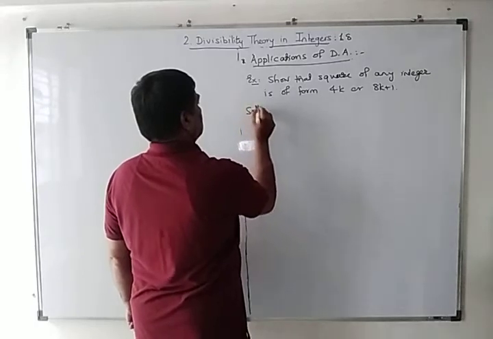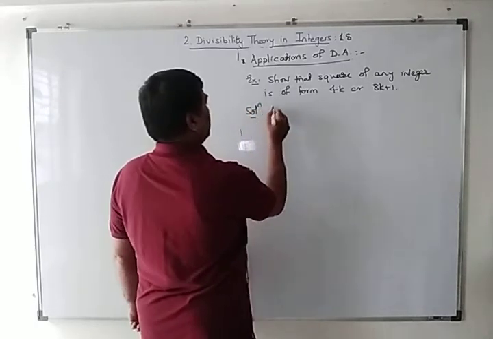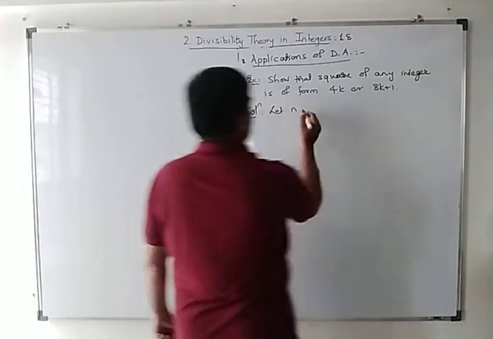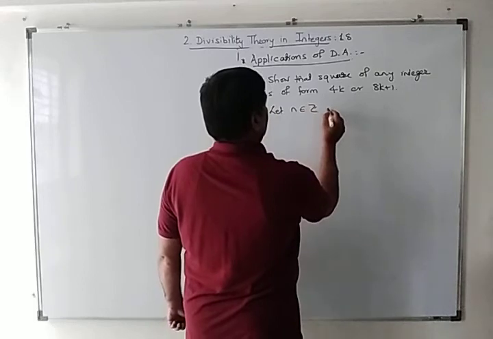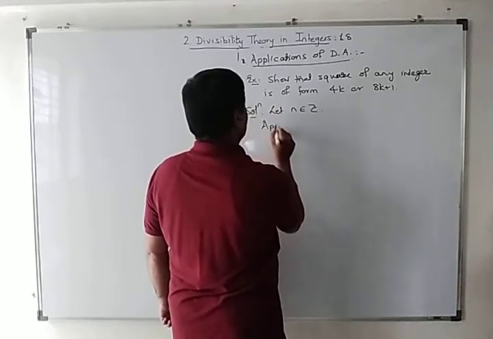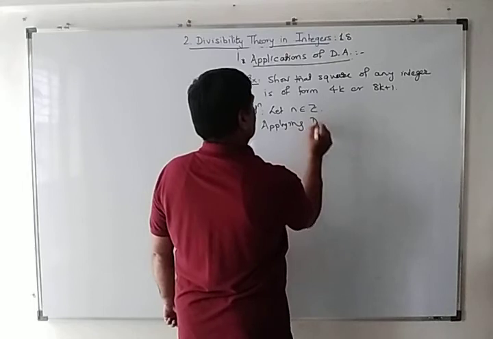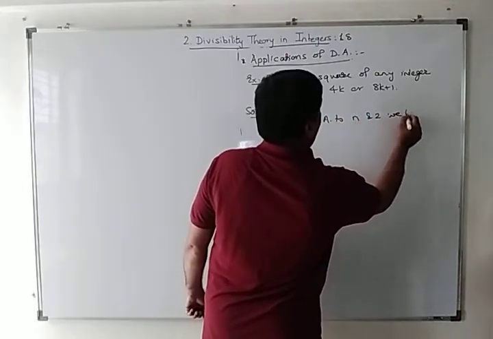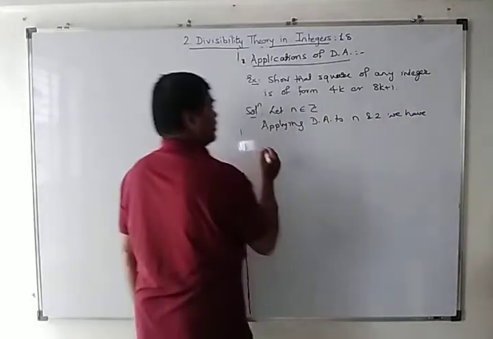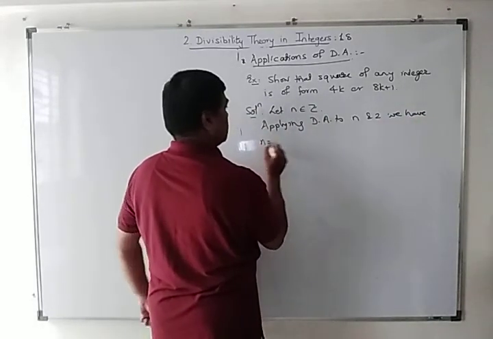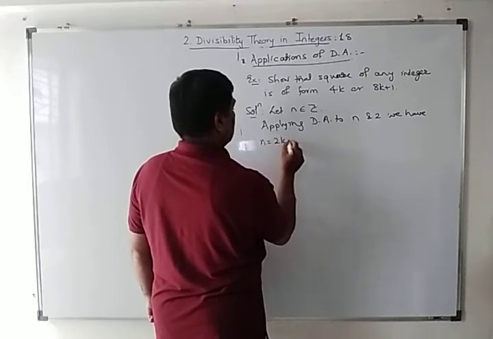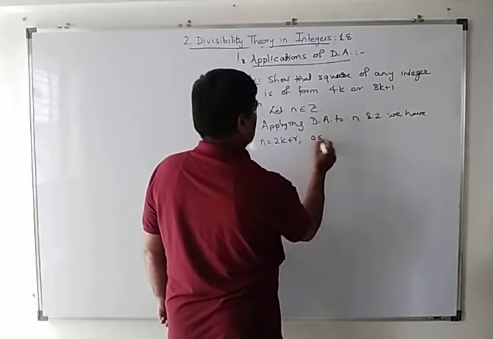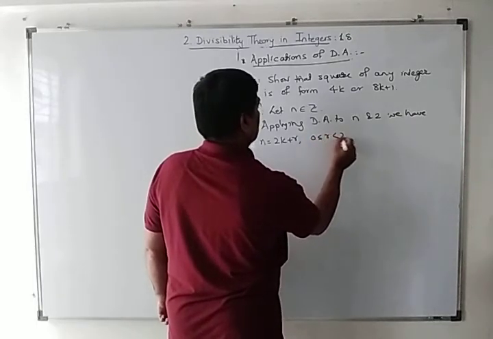So, solution. Let n belong to Z. Applying the division algorithm to n and 2, we have n is equal to 2k plus r, where 0 is less than or equal to r less than 2.